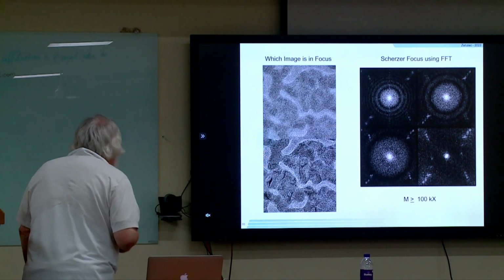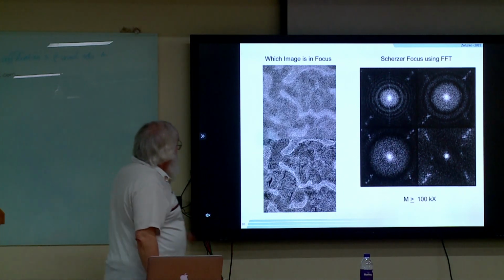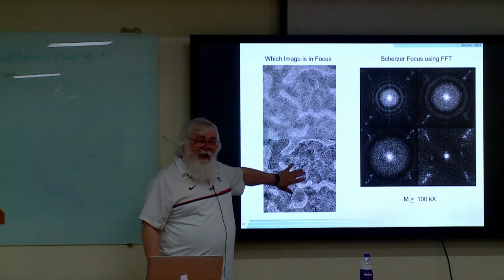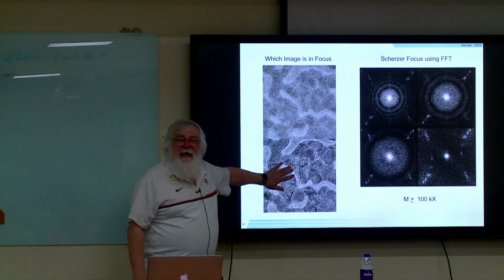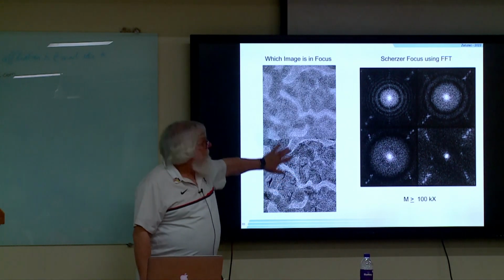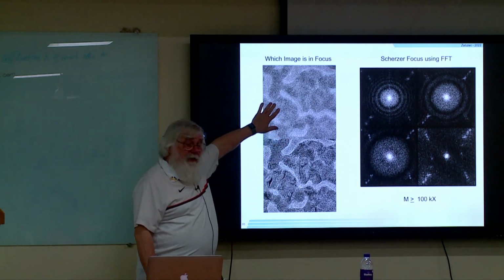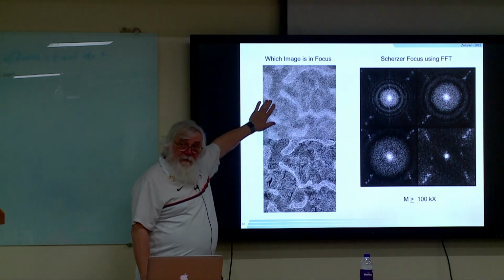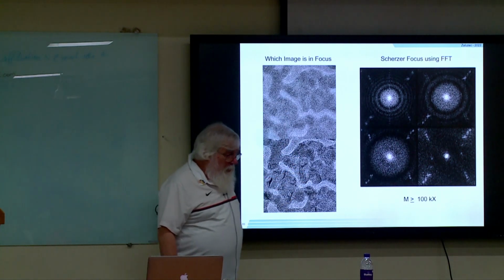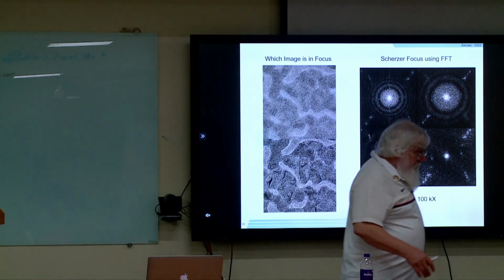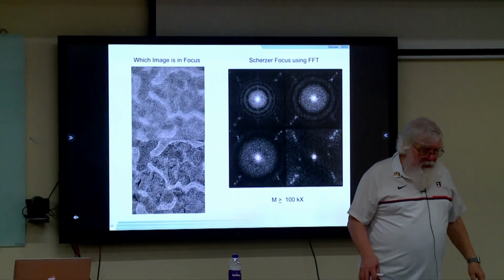Here are two images, and I look at both of these, and I say, oh, I like this one. Why do you like this one? Because there's contrast in that one. That's an out-of-focus image. That's when the contrast is minimized. That's the in-focus image.